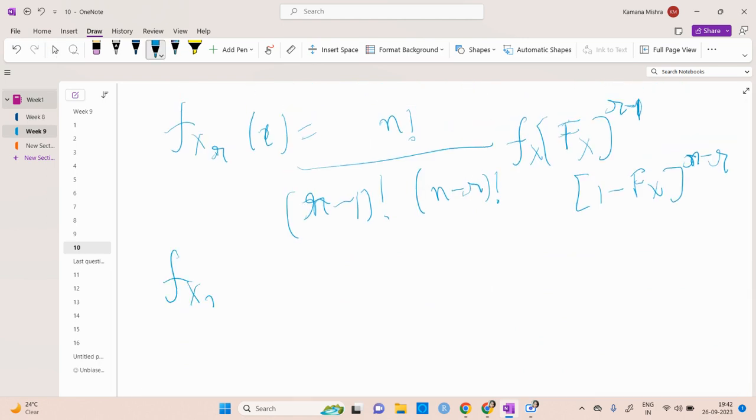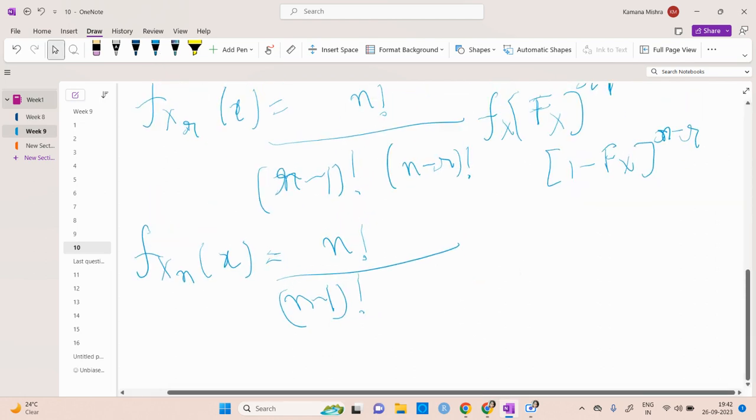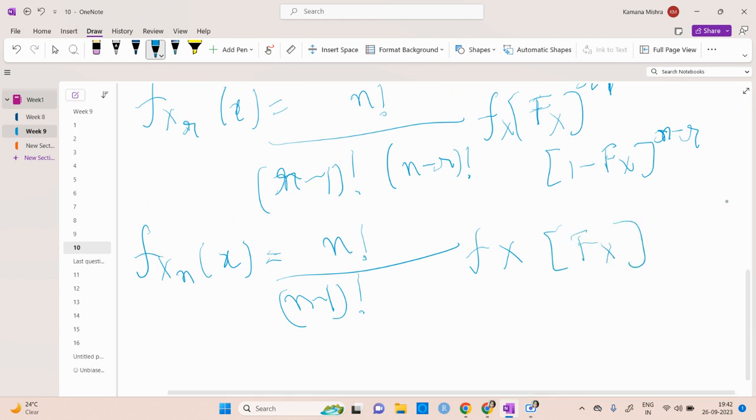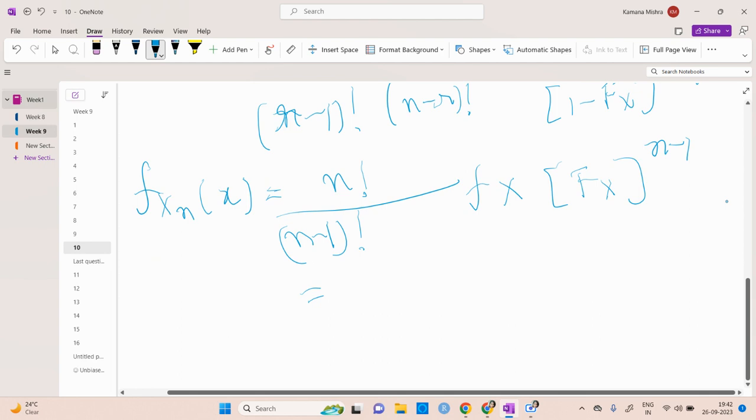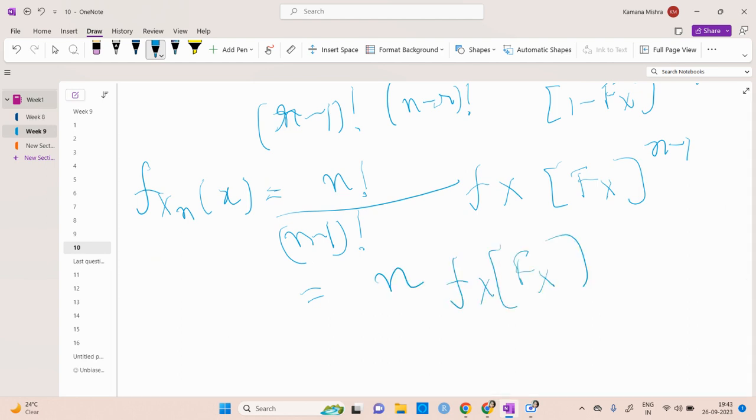At x equal to n, this will be n factorial over (n minus 1) factorial, and n minus n factorial is 0 factorial, so that doesn't matter. Now fx, and Fx all to the power n minus 1. Now 1 minus Fx to the power n minus n will again be 0. So this will be n fx times capital Fx to the power n minus 1.